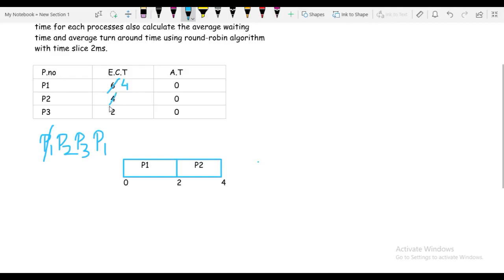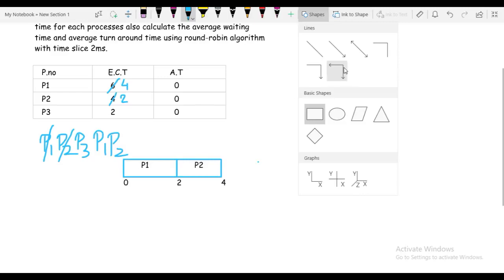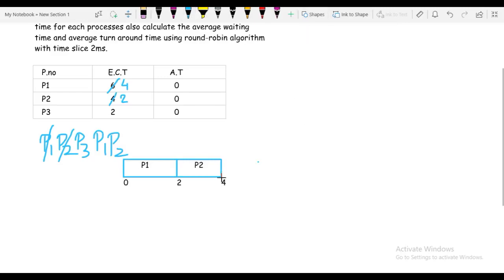P2 has already run 2, so 2 will be left and P2 will stand in the queue with P1 at last. Now you have P3, so let's execute P3 for time slice 2.